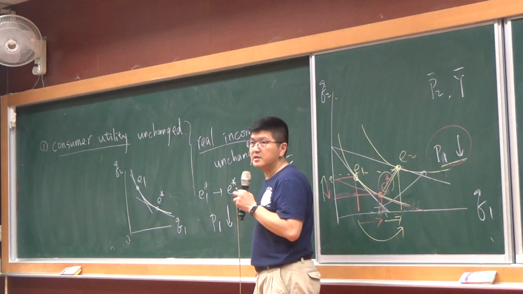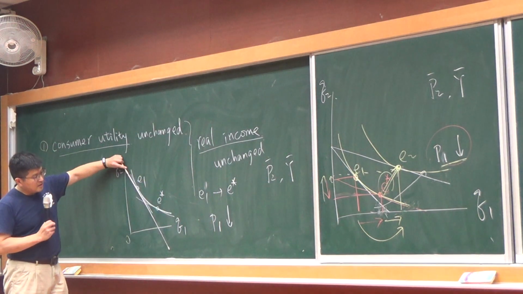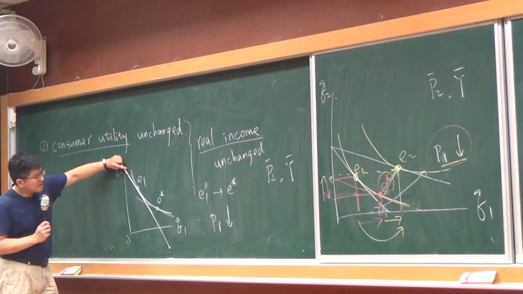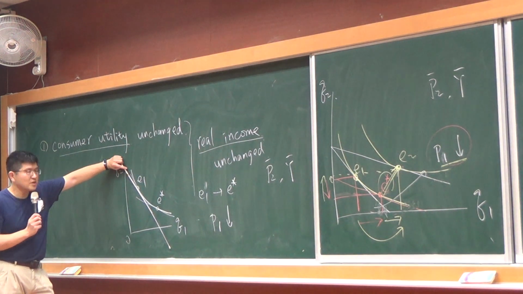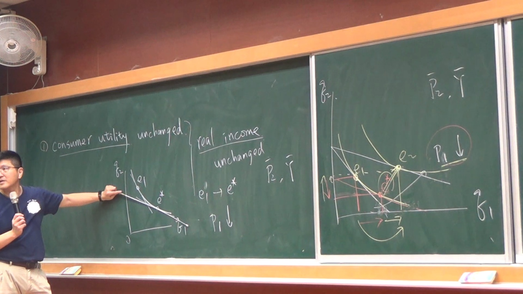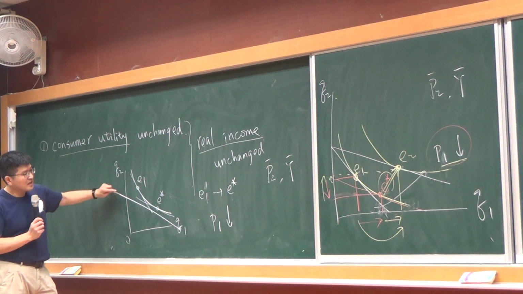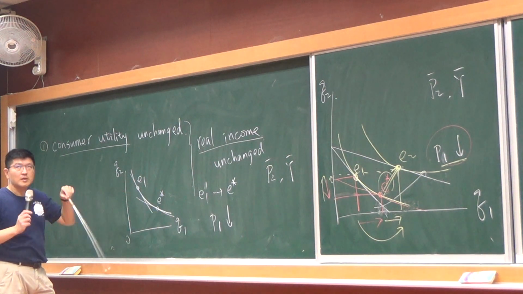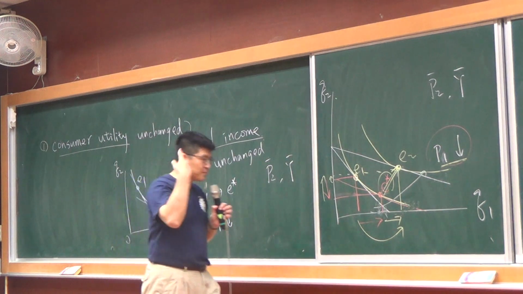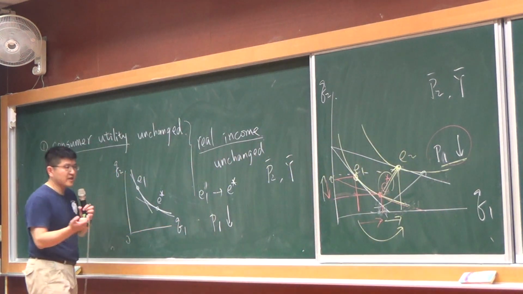Because P1 is lower, the slope, or the tangent line, the straight line, becomes flatter, right? Okay? Let's just finish the first case.